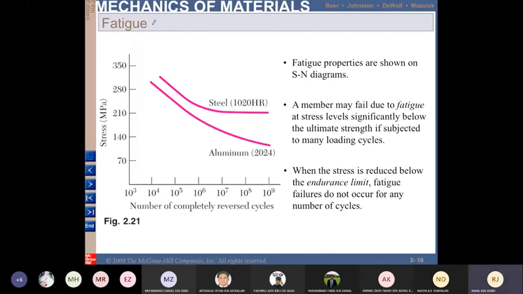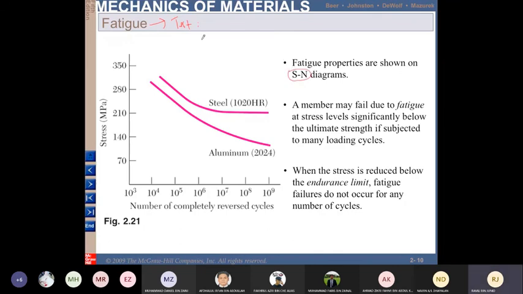Fatigue is a test to evaluate how many repetitions of load can be applied to a certain specimen. The fatigue test will give a result in the form of an SN diagram.